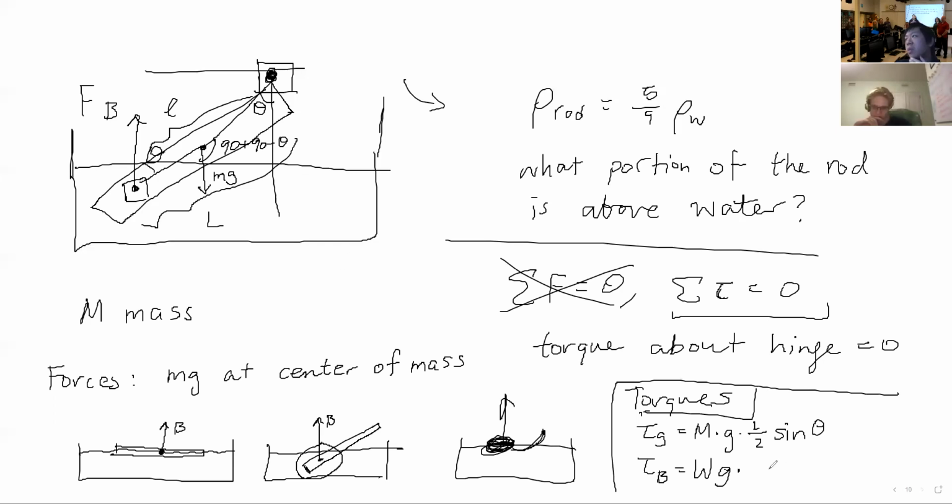I'll just say it's going to be L plus l over 2, because it's the average of the entire stick and the part of the stick that's out of the water. That's going to be the midpoint. So big L plus small l over 2. And then we're going to again add sine of theta.